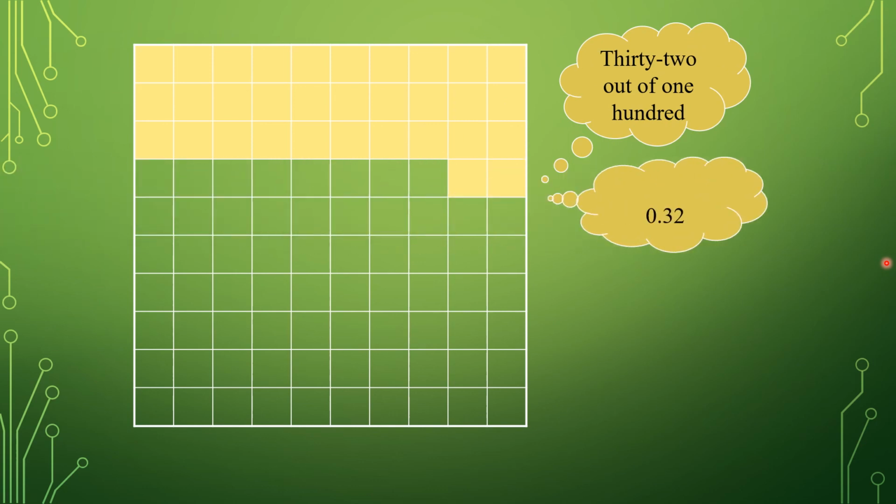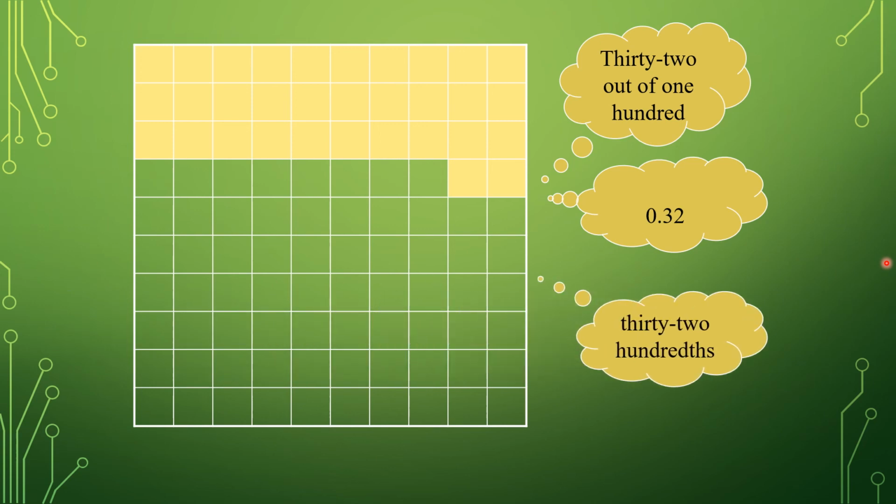Which is 0.32. And the number name will be 32 hundredths, because there is no whole part, there is no 10th part, only a 100 grid, like a 10 by 10 grid is there, and out of that 32 parts are shaded, so it will represent 32 hundredths or 32 over 100.